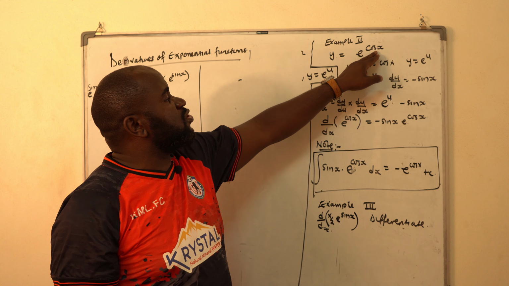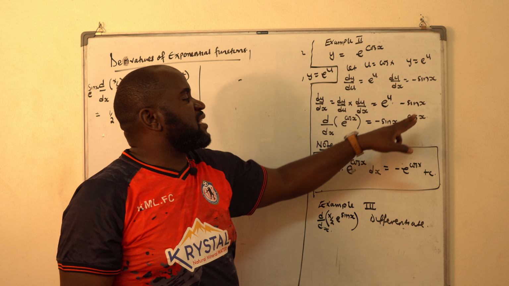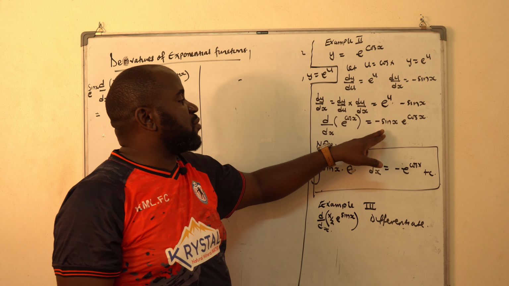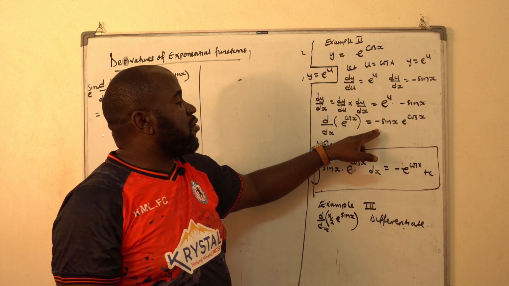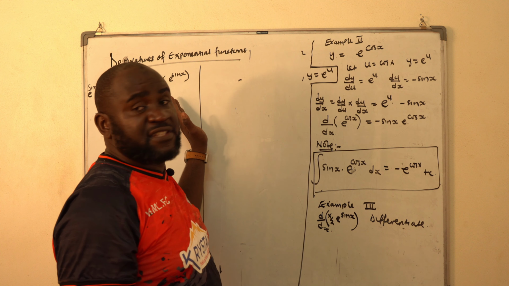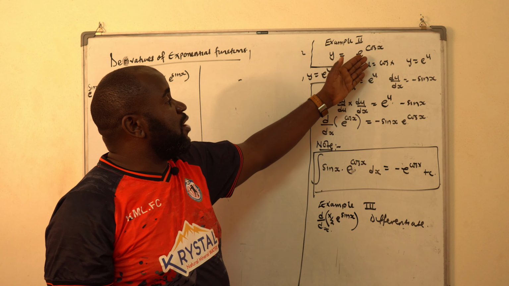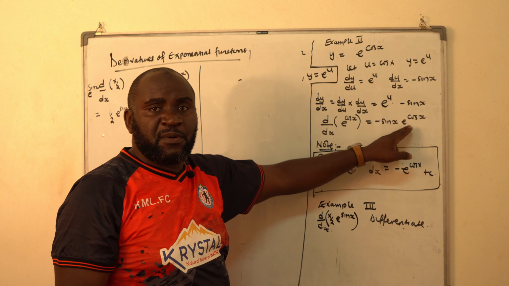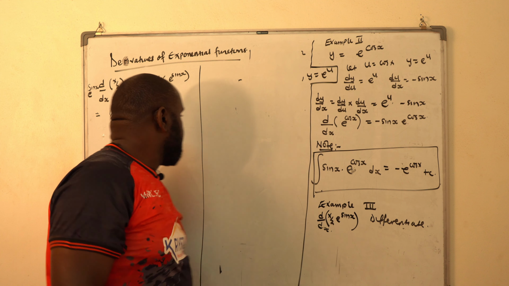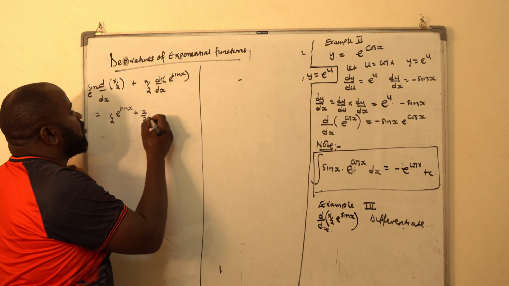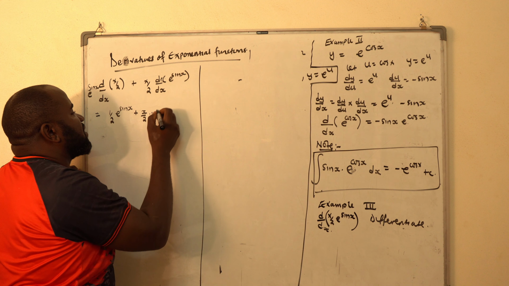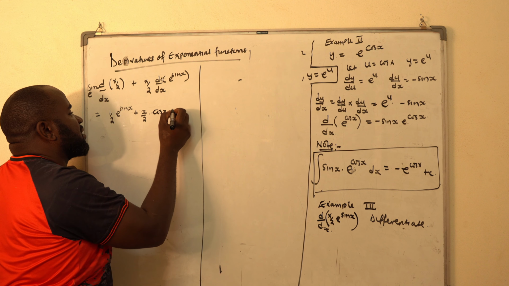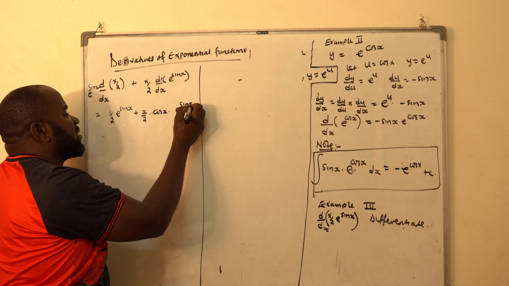So here, without going through the chain rule, you get the solution straight away: the derivative of the power times the exponential of the original function. So I can say x over 2 times the derivative of sine, which is cos of x, times the exponential of sine of x.